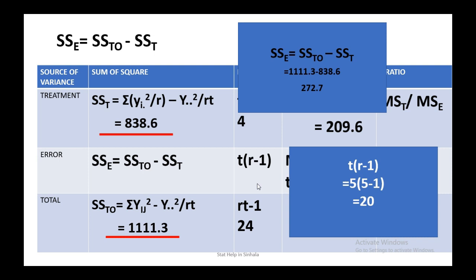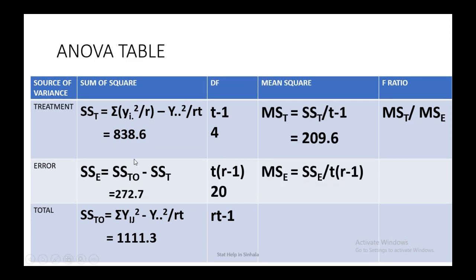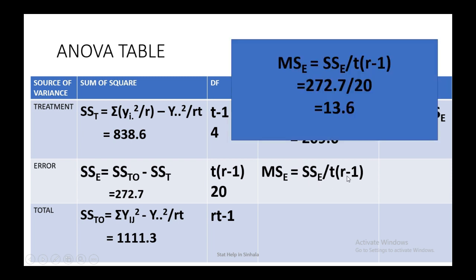So now we can calculate the mean square for error as well. Mean square error is equal to the sum of square error divided by the degrees of freedom error. Now we know sum of square error and degrees of freedom error. So by using this equation we can calculate the mean square error.